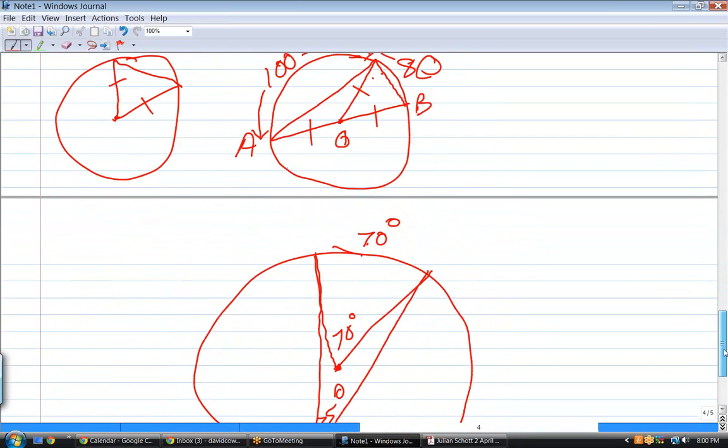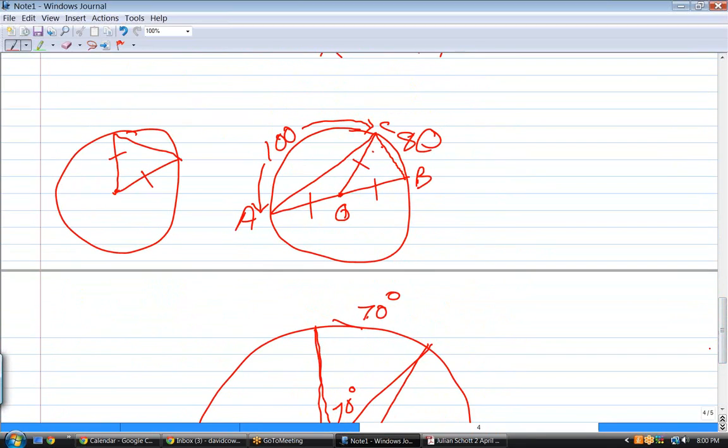So in our problem, if this is 80, what's this angle? Then it's 40. What's this angle right here? 80. Correct.